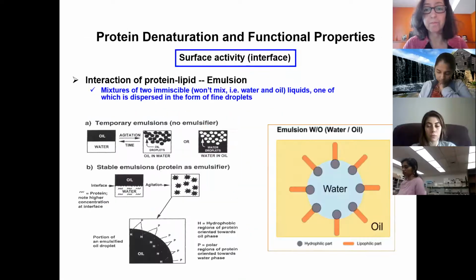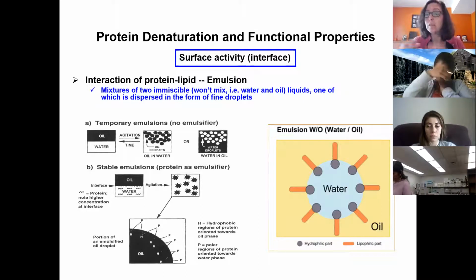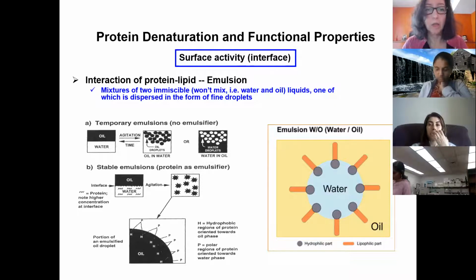So here's just another image showing that if we agitate, if we try to homogenize and stir or mix or whatever, we can form oil droplets and we can get some sort of mixture, but then it's not stable. The surface tension is so high, it's going to separate.